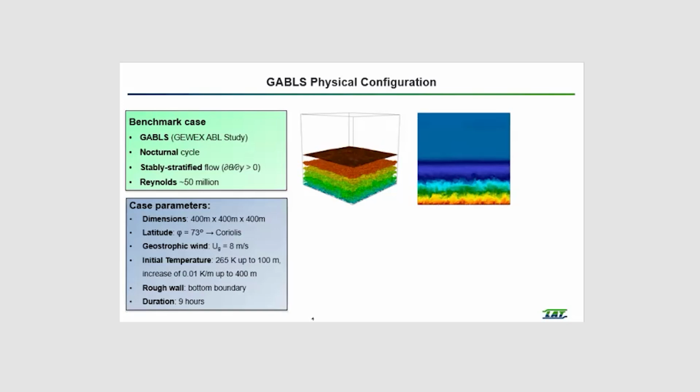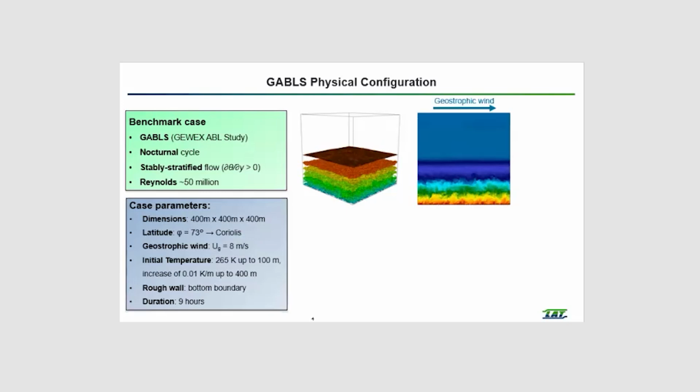So the benchmark case that we studied, the GABLS case, is about an ideal night cycle. So basically a stably stratified flow, which means that the higher we go in height, the potential temperature, or the temperature, rises. The Reynolds number for our case is about 50 million.